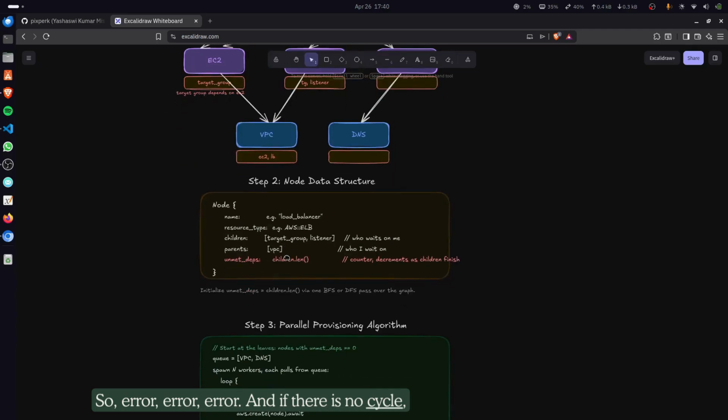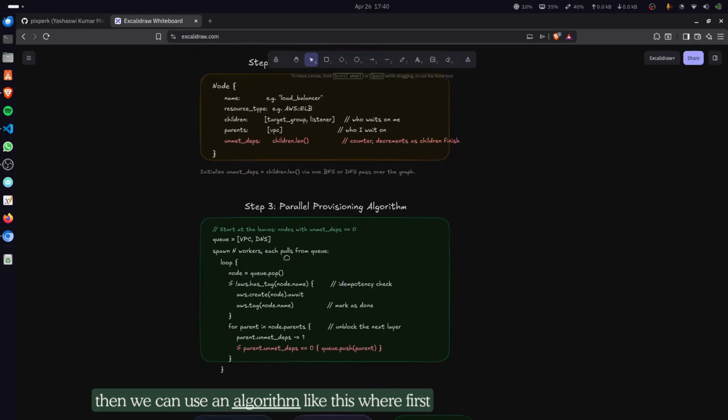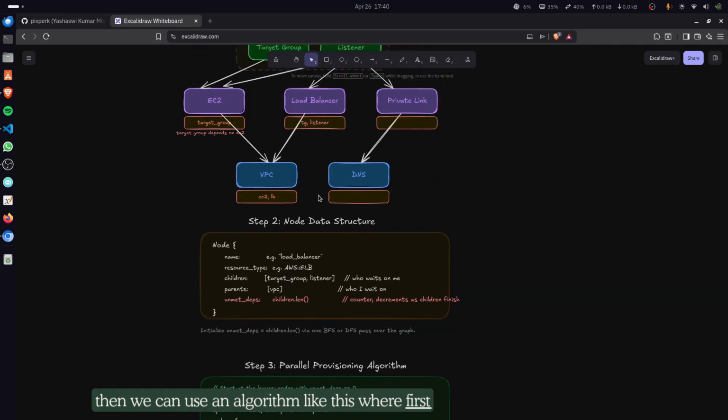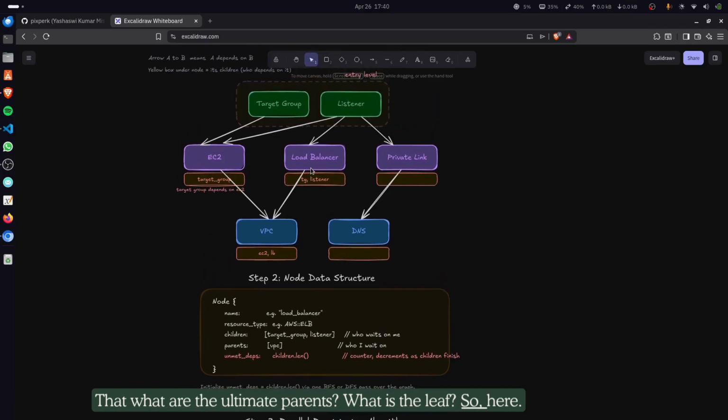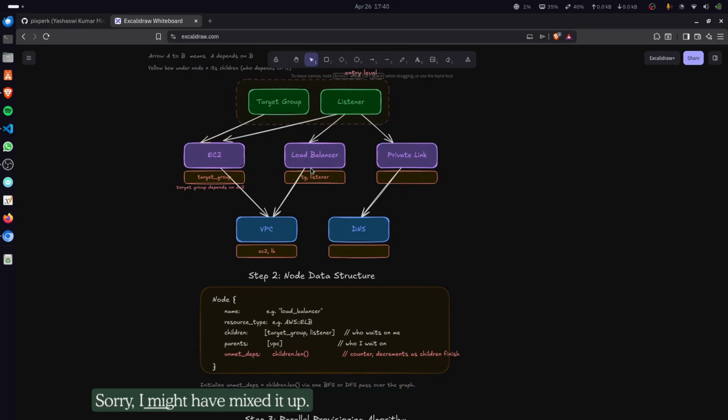And if there is no cycle, then we can use an algorithm like this, where first we will identify the parents, that is, what are the ultimate parents and what are the leaves. Here, I might have mixed it up. The ultimate parents are these, which have to be processed last, and these are the leaves which have to be processed first.